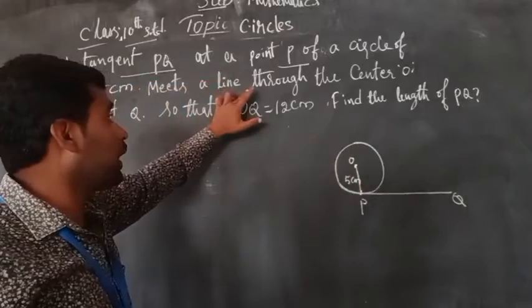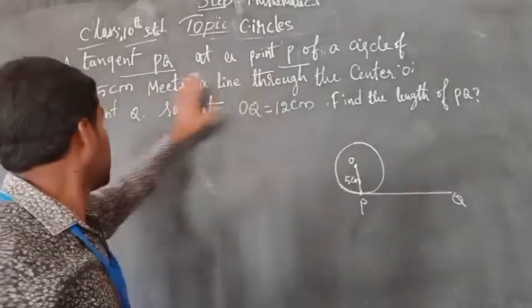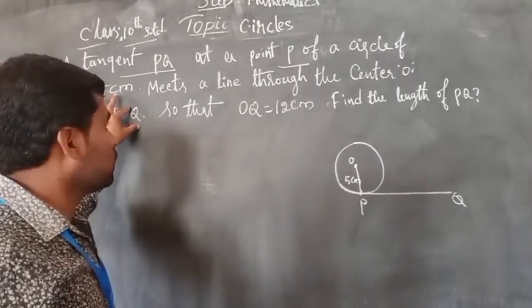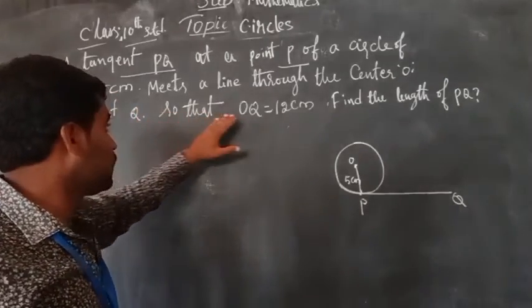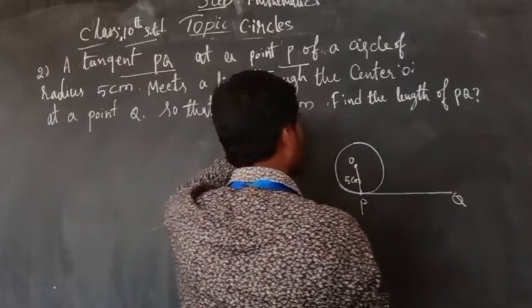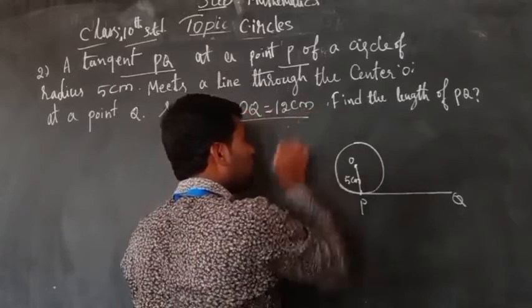And it meets a line through the center O at a point Q, so that OQ is equal to 12 centimeter.